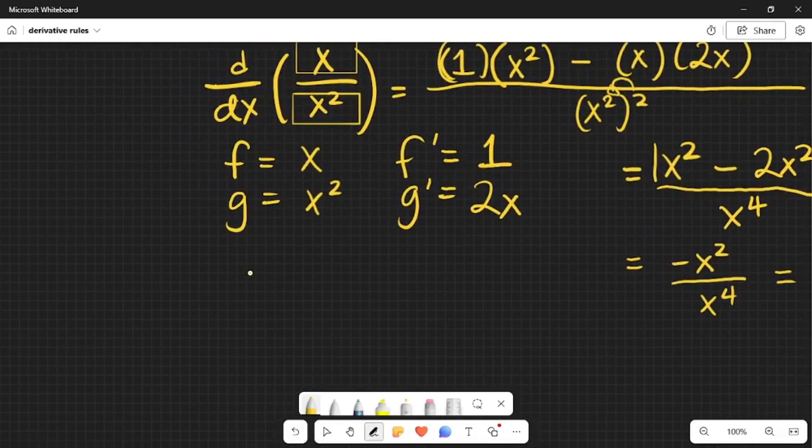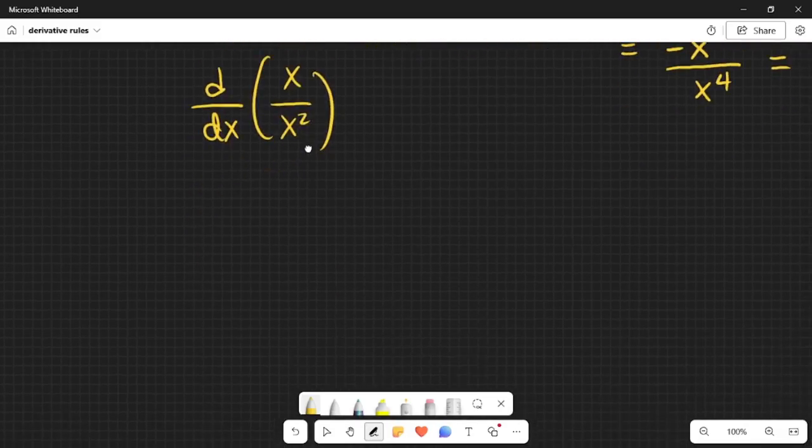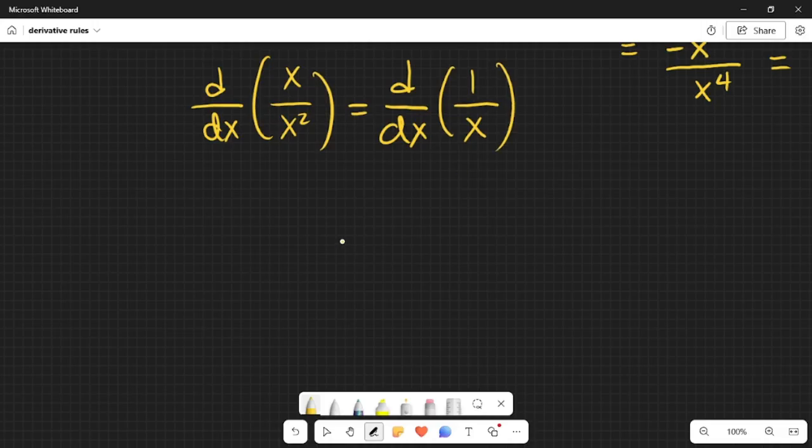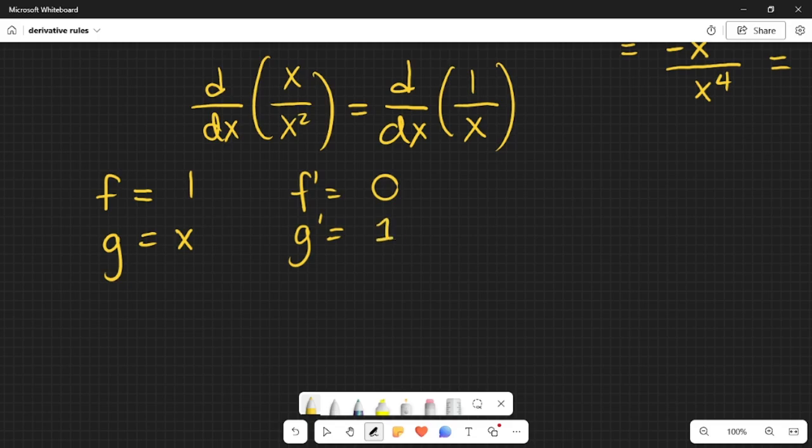Now, alternatively, you can also solve this in a different way. You can cancel out x in the numerator and the denominator beforehand. So it will be d/dx of 1 over x. And our f is 1, our g is x. The derivative of 1 is 0. The derivative of x is 1.